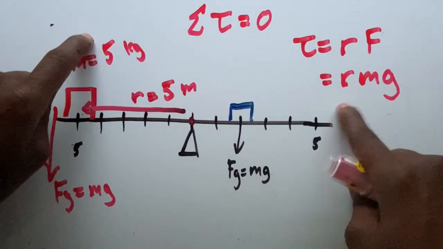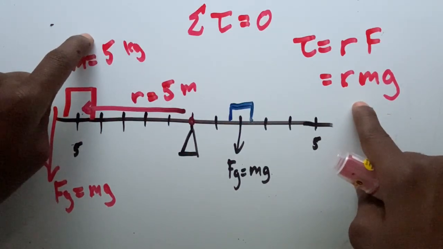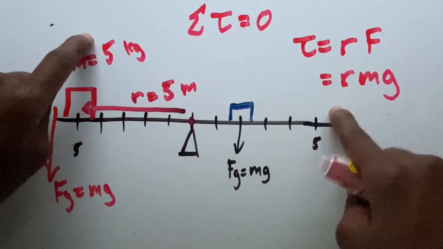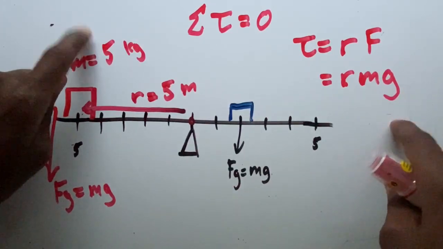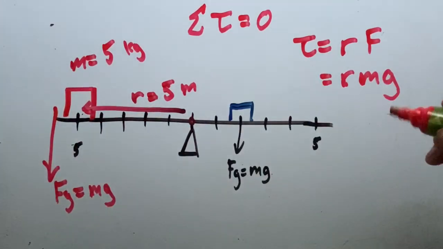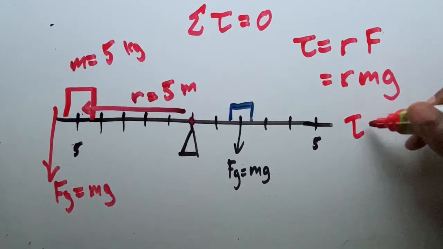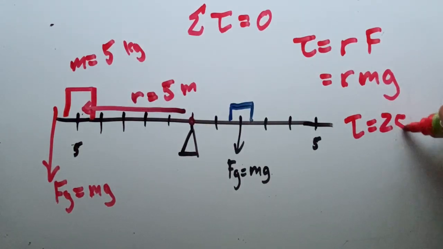So 5 times 5 is 25, times 10. So for this block, the torque is going to be 250.